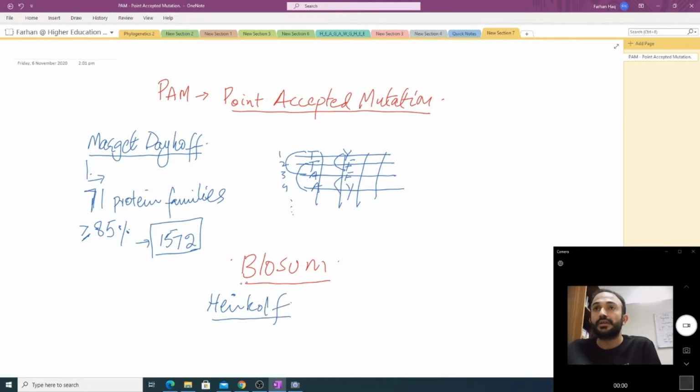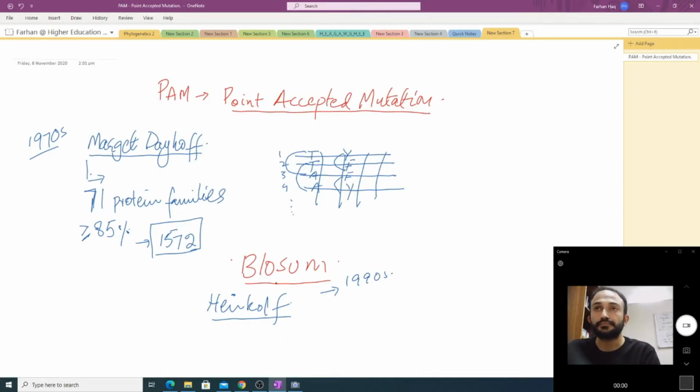He proposed the BLOSUM matrix in the 1990s, whereas the PAM matrix was proposed back in the 1970s. Margaret Dayhoff worked on this for a very long time, even after the 70s, on different types of substitution matrices.